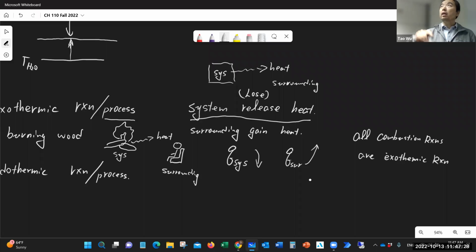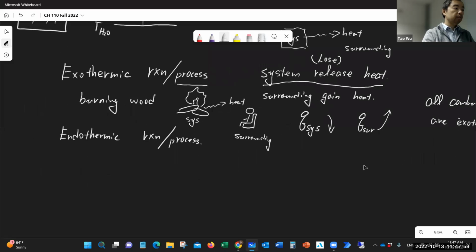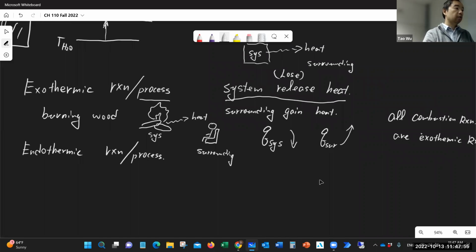Like a firework. A firework is also a combustion reaction. When things explode, they actually generate quite a lot of heat to the surroundings. As long as it is an explosion, it is definitely an exothermic reaction. They are producing the heat out. So this is the exothermic.